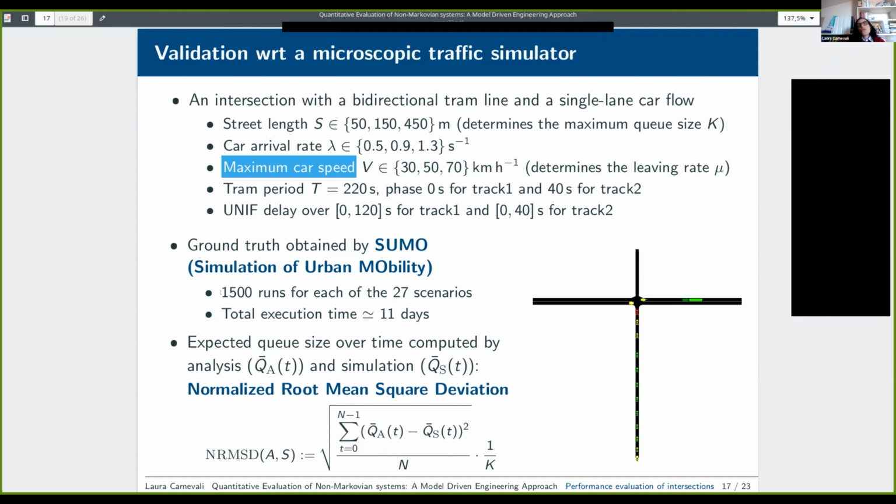In this case, we use a normalized version of this measure to facilitate the comparison among models that have different scale, because considering street length comprised between 50 and 450 meters means that the queue size may vary nearly between 10 and 100 cars. So we have cases with different scale.